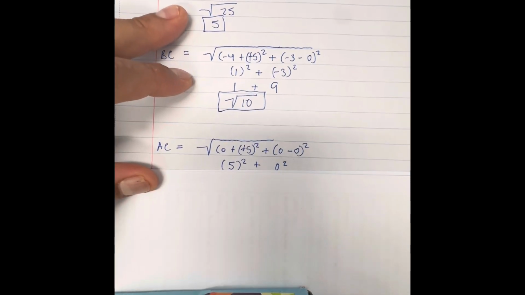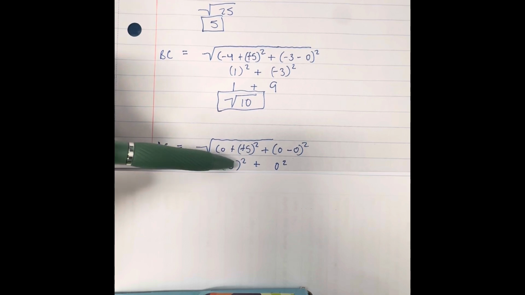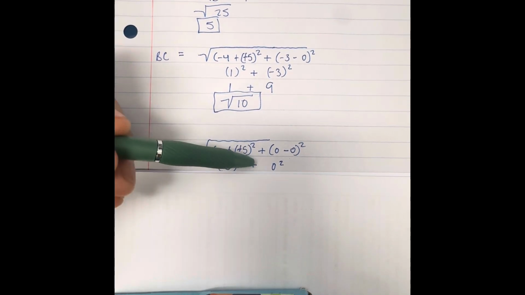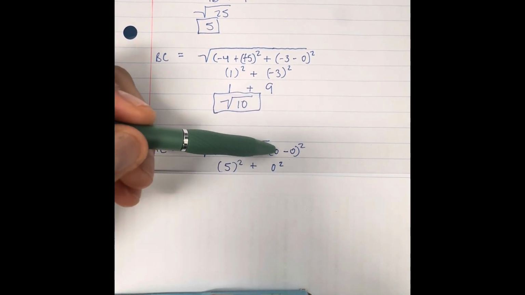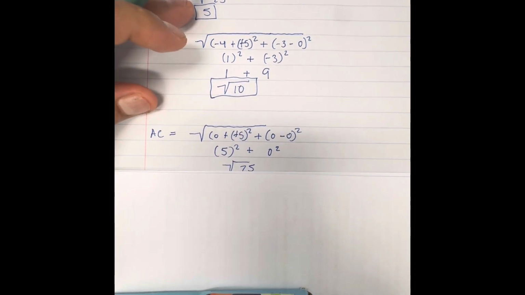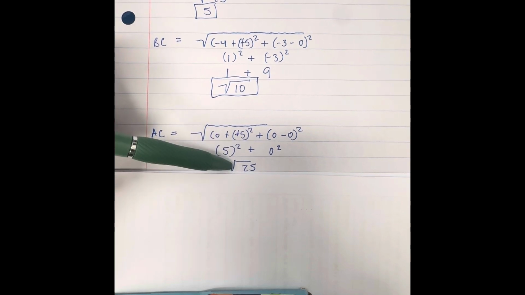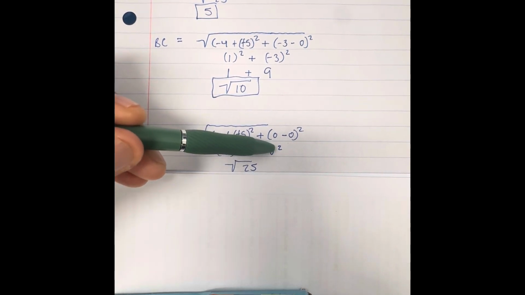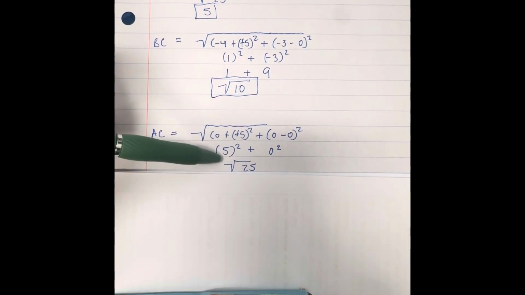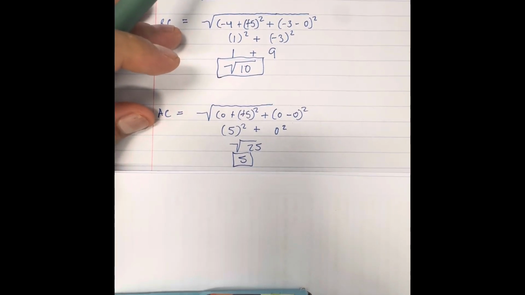So now we have 0 plus 5, 5 squared, don't forget your squared, plus, bring down your plus, 0 minus 0 is 0, squared, 0. All right, so now we have 5 times 5, 25, plus 0. So we still have the square root of 25, which can be simplified to 5.